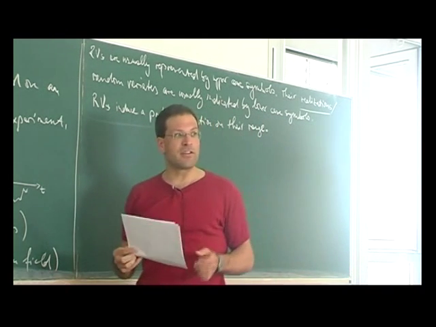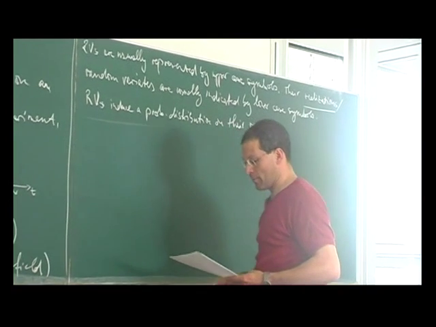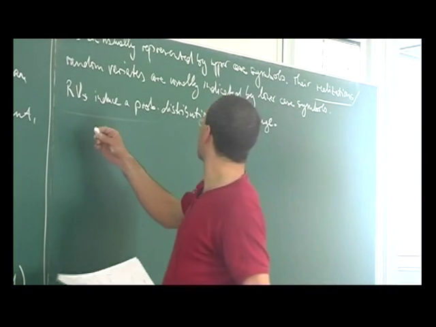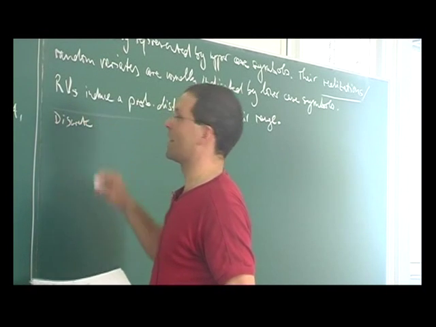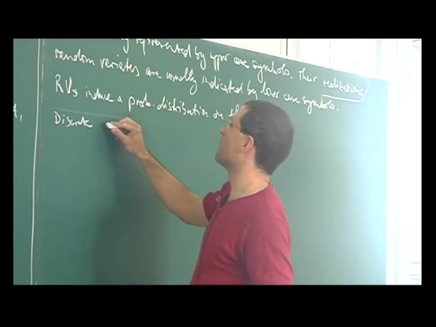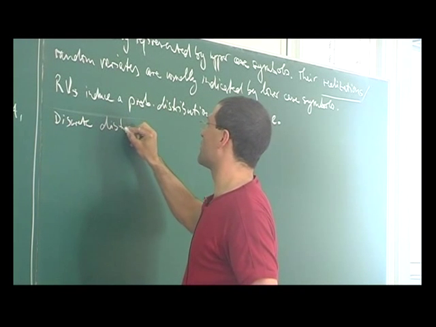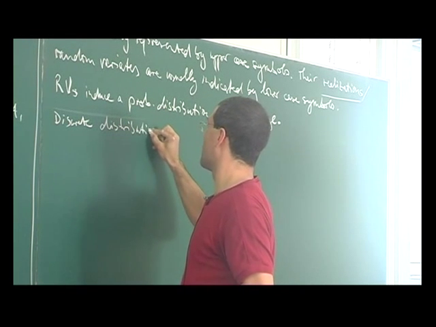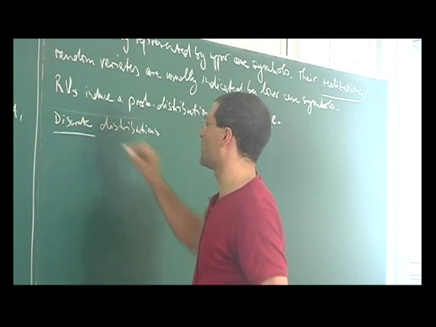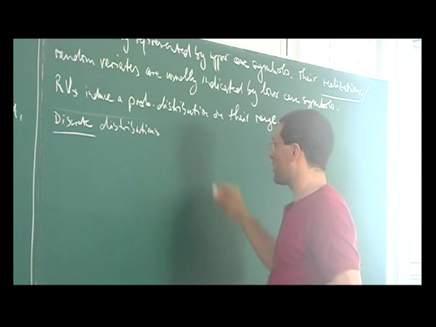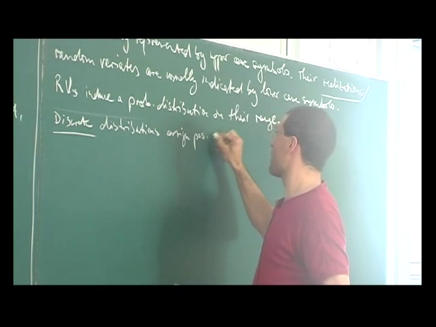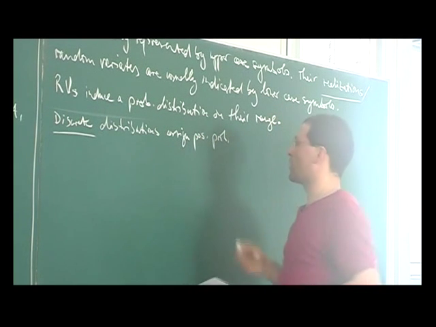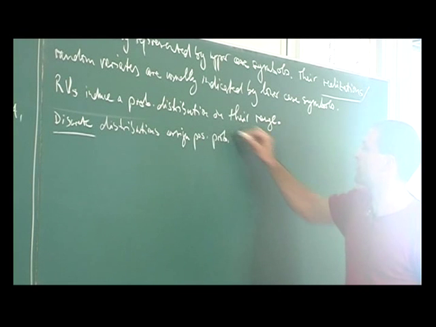I can most easily explain this by way of example. So we have discrete and continuous distributions, and mixed distributions sometimes. So discrete distributions assign positive probability to at most countably many different values.